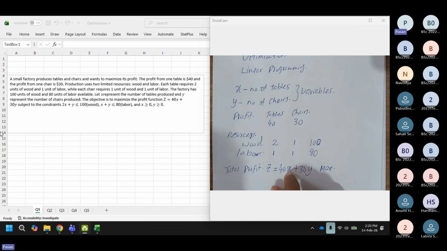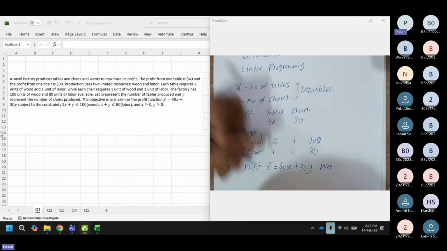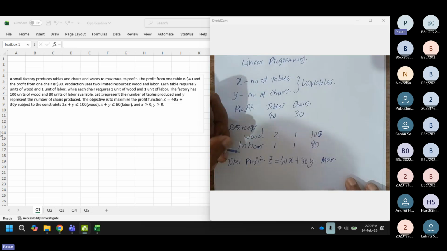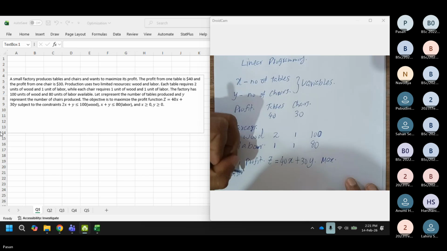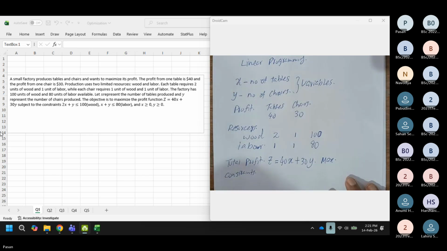If you're producing X amount of chairs, then altogether 2 times X amount of wood that we need, and then Y amount of wood we need for the chairs, right? So altogether I can define them as my constraints. These are the restrictions we have, the constraints.